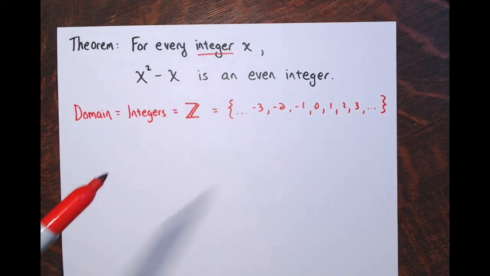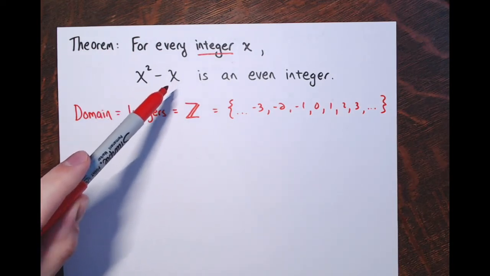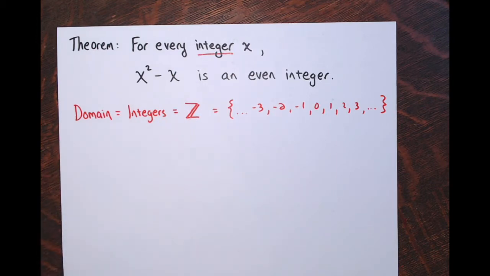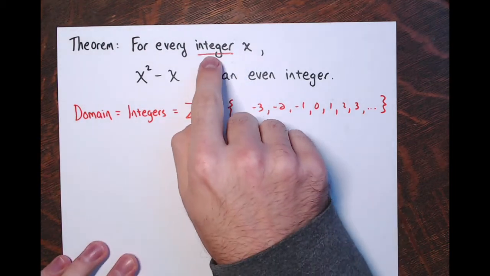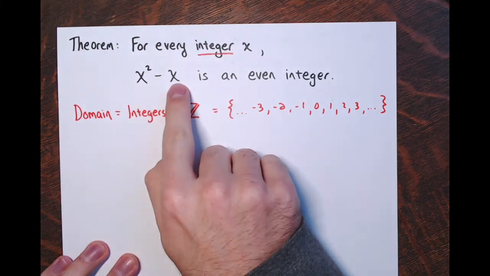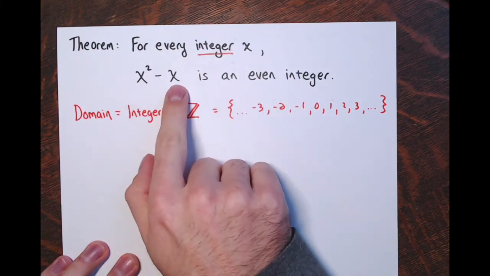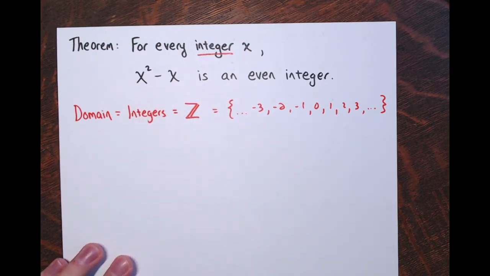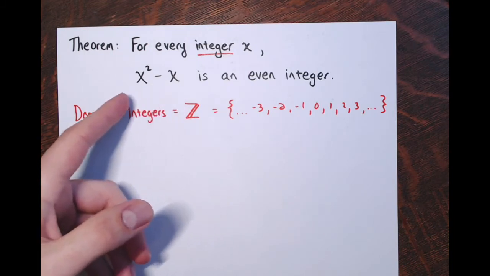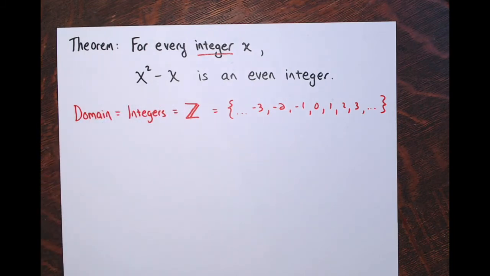So trying to prove this statement directly without breaking it into cases would be a little difficult. Because when you say, I want to show that x squared minus x will be even for every x, you'd have to let x represent any integer, go to this expression, and see if you can express that as 2 times some integer.